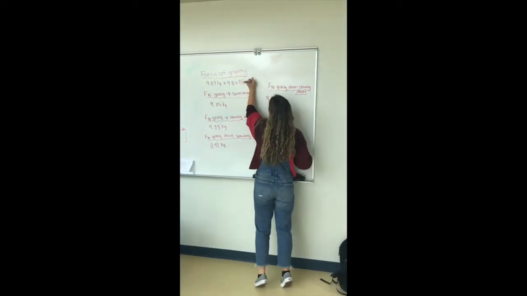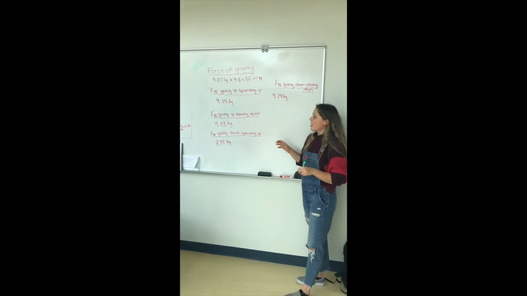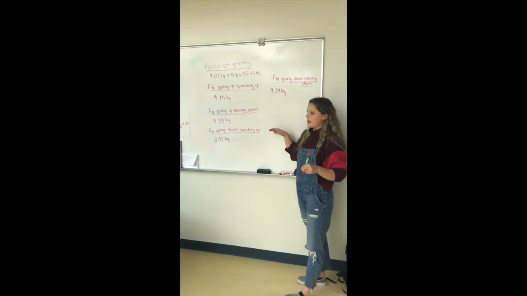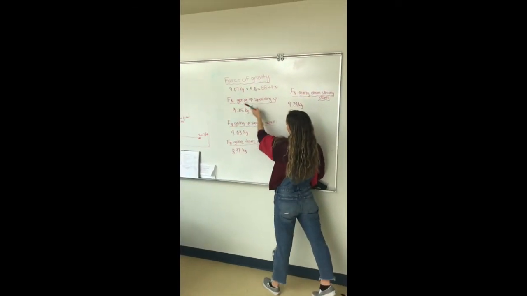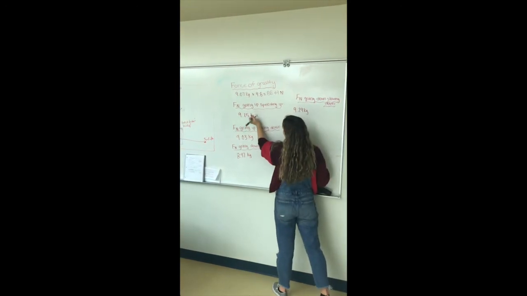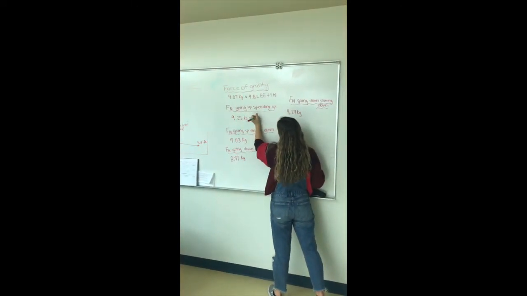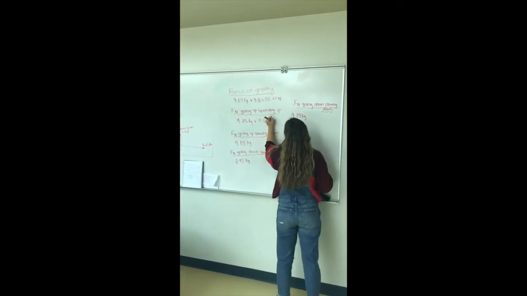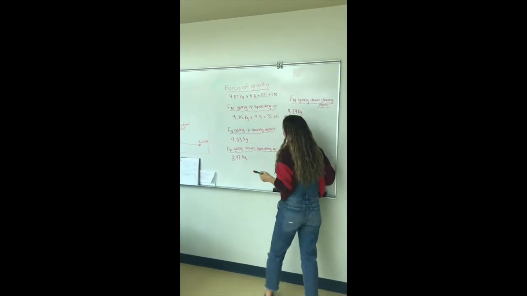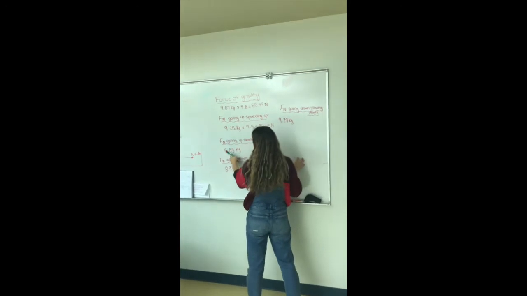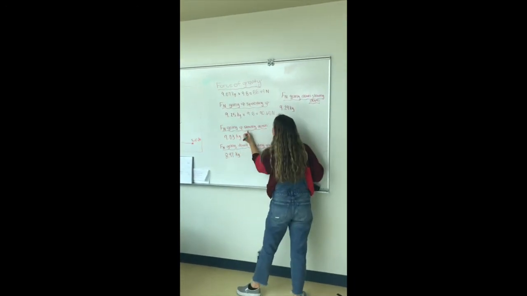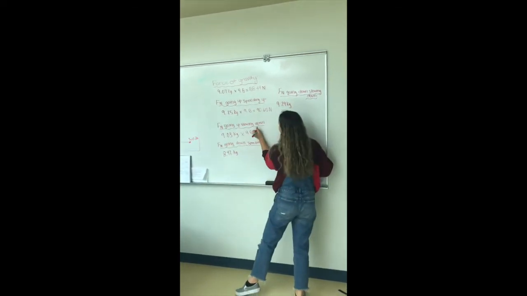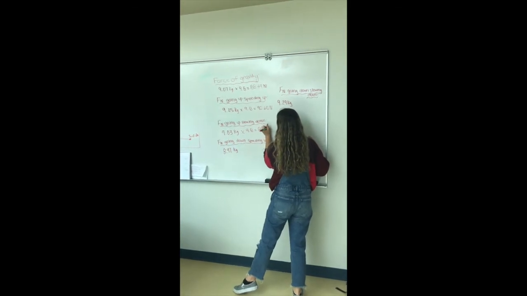Okay, and then each time, for each different scenario, the normal force changes because the scale reads a different weight. So in the situation where it's going up and speeding up, it is the mass times the acceleration due to gravity, which comes out to be 90.65 newtons. And the second one is the weight times acceleration due to gravity, which comes out to be 88.49 newtons.